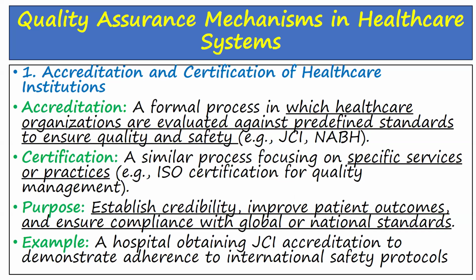Number three, what is the purpose of accreditation and certification? It helps to establish credibility. People will trust you if your hospital has been accredited, improve patient outcomes, and ensure compliance with global or national standards. If your hospital has been accredited, it means that you are giving international standards, so people will prefer to come to your hospital.